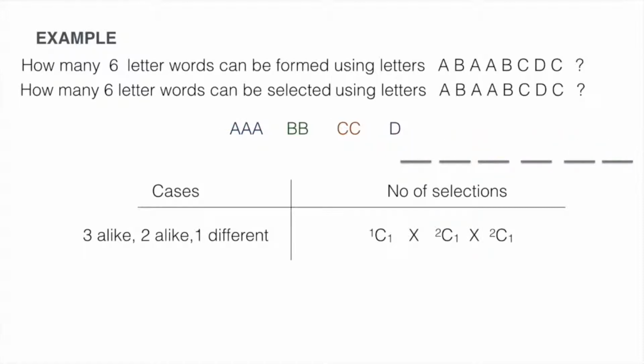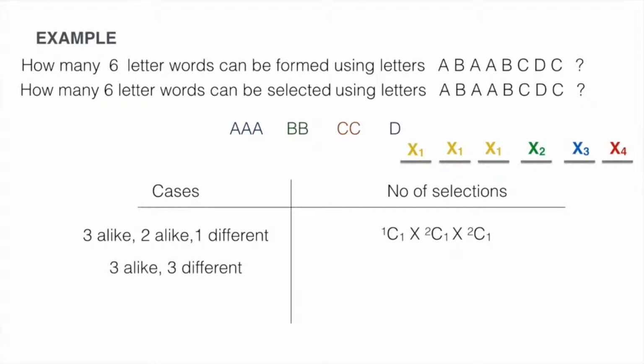In another case, I can have letters such that 3 are alike and 3 are different. Again, for the 3 alike case, I can choose only A's. That gives me 1C1. Now I need 3 different letters. Of course, they will be B, C and D, 3 options for 3 positions, so 3C3 selections.